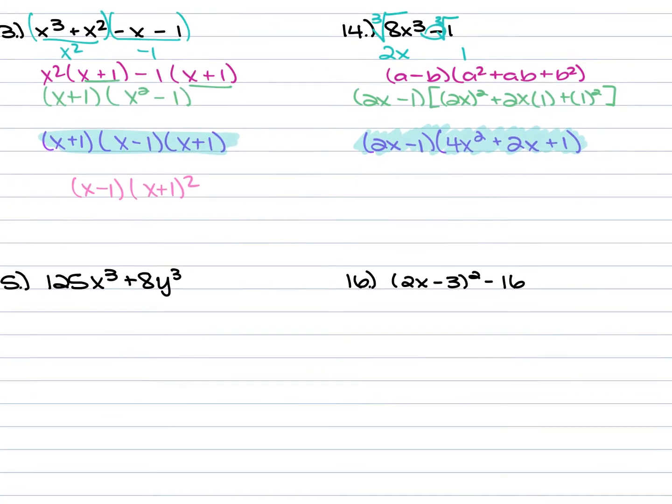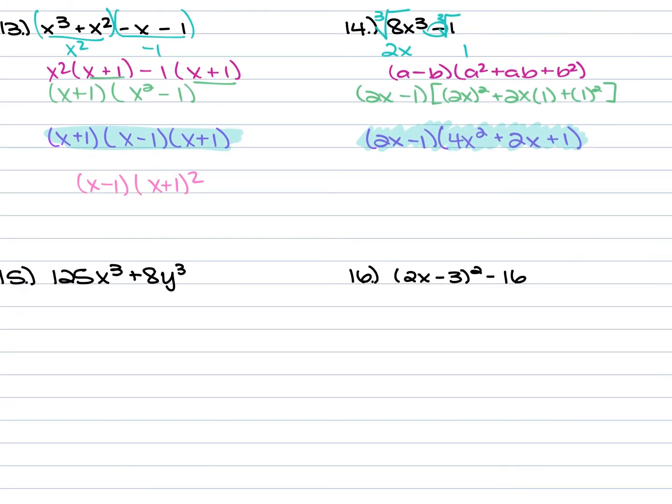For 15, you have 125x cubed plus 8y cubed. You can take the cube root of that 125x cubed, it's 5x. You can take the cube root of that 8y cubed, it's 2y. You have addition between these two terms, so you're going to use a plus b times a squared minus ab plus b squared.